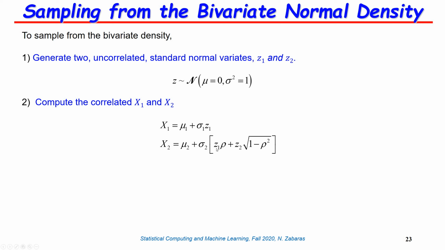Then if you have samples of Z1 and Z2 coming from the standard Gaussian, and you have what correlation rho you want between X1 and X2, and you want to have means mu1 and mu2 and standard deviations sigma 1 and sigma 2, then these two transformations will give you samples of the joint distribution of X1 and X2 with means mu1, mu2, standard deviations sigma 1 and sigma 2, and correlation rho.